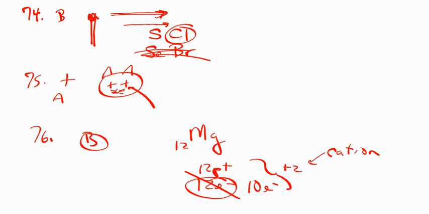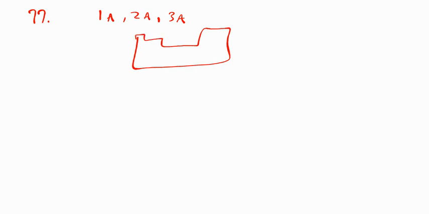77. We're looking at groups 1A, 2A, and 3A. On my periodic table, those are the ones, it's 1A, 2A, and then 3A is over here. These are B's, and we don't care about those, at least for this. What's true about them? They gain electrons to form ions? No, they don't.